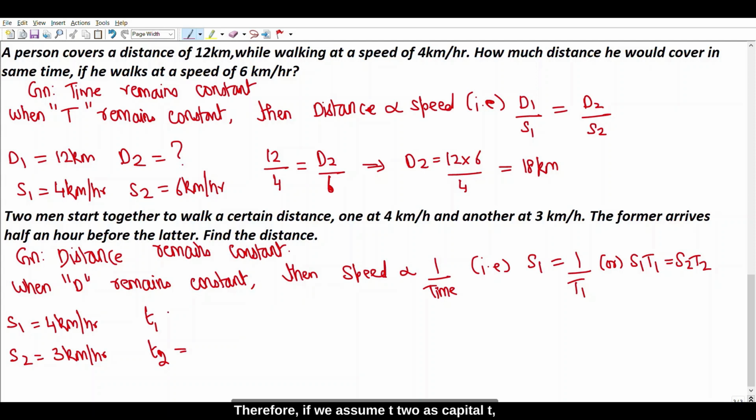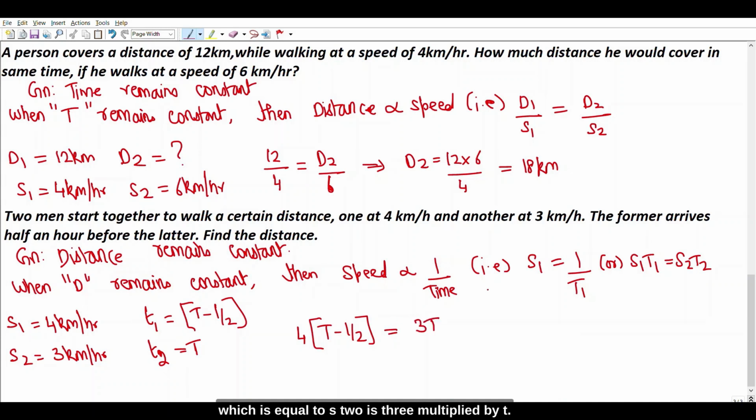Therefore, if we assume T2 as capital T, then T1 is equal to T minus half. That is T1, the first man, arrives half an hour before the second man. Substituting the known values in the formula, we get S1 is 4 multiplied by T1, which is T minus half, equal to S2 is 3 multiplied by T.